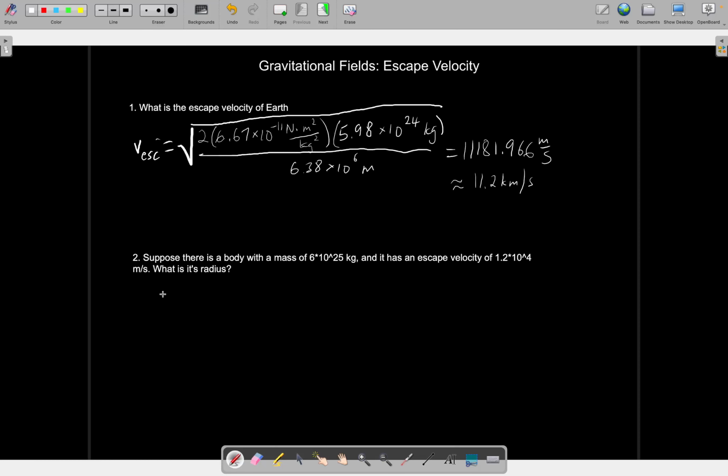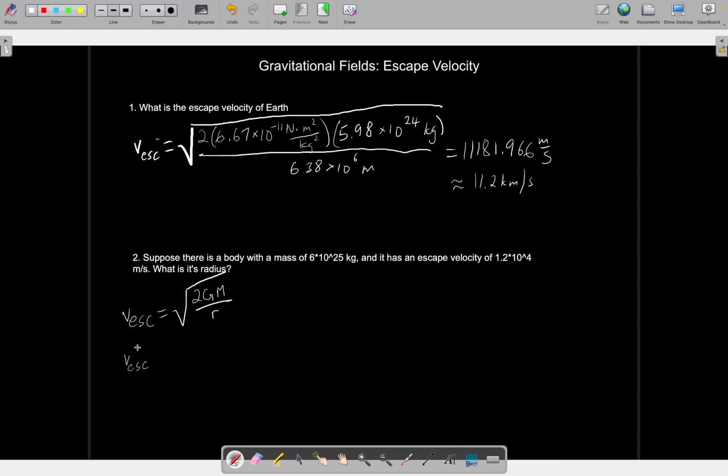So in this question, we'll have to do a little bit of rearranging with the equation. So we have v escape is equal to the square root of 2GM over r. We have to square both sides to get rid of the square root.